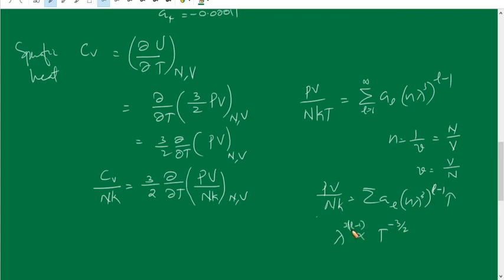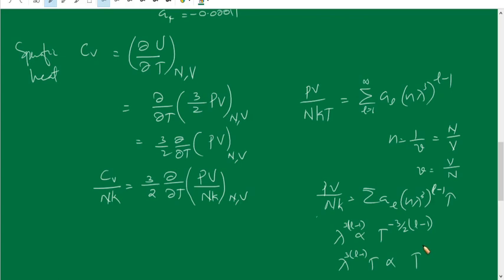So lambda cube raised to L minus 1 is T raised to minus 3 by 2 into L minus 1. So (n lambda cube) raised to L minus 1 into T is proportional to T raised to minus 3 by 2 times L minus 1, plus 1.